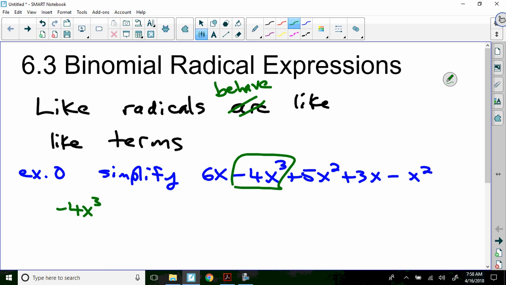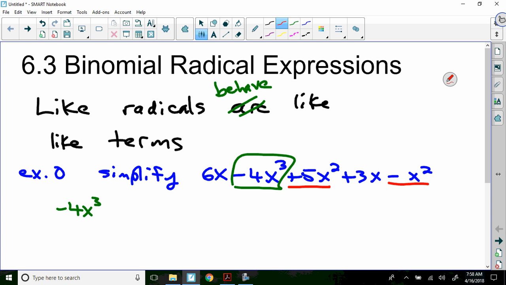And then when we look at our 5x squared term, we might realize this 5x squared term has another term with the exact same variable and the same exponent. So that's the deal with like terms.